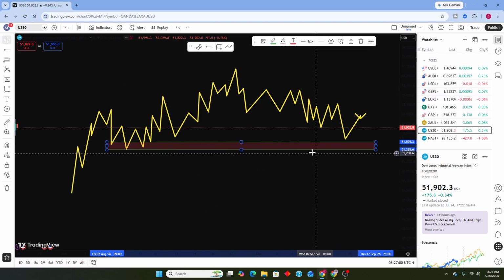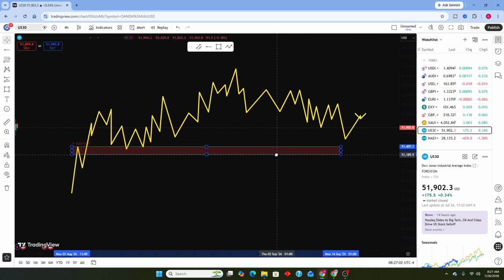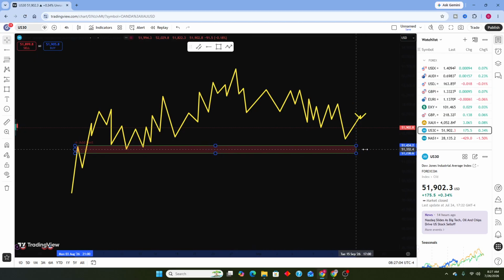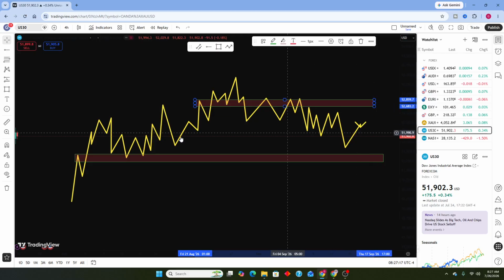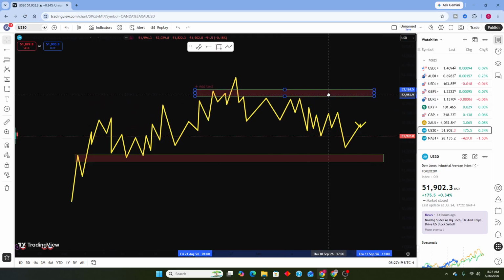General consensus starts from here, or you can go from here. These highs were broken, these highs were broken, this is your new high. So now, if we come from here, you can put price up here, but nothing really tapped it but these.